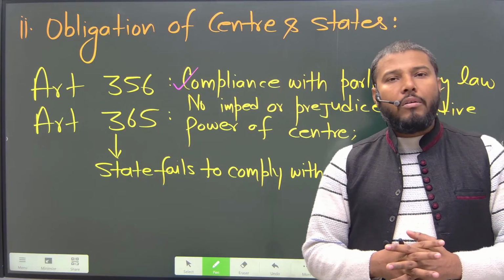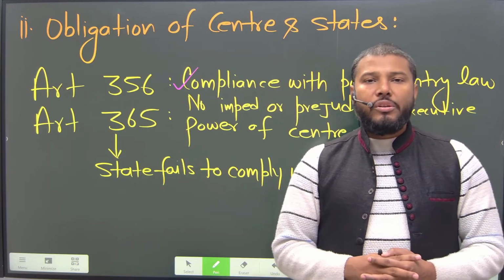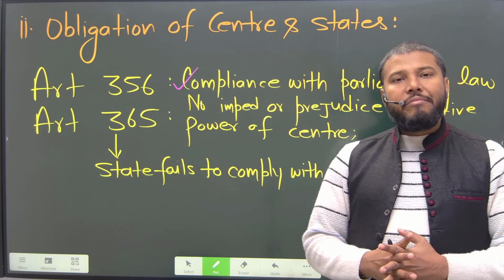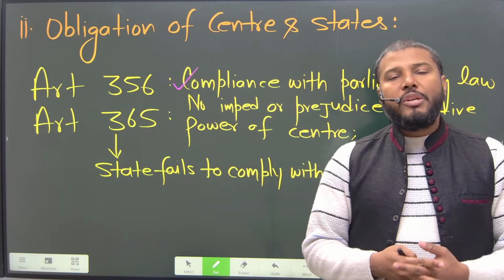So this is a clear-cut instance of failure of constitutional machinery. And when constitutional machinery fails, the proclamation of the president rule is done by the president, right?